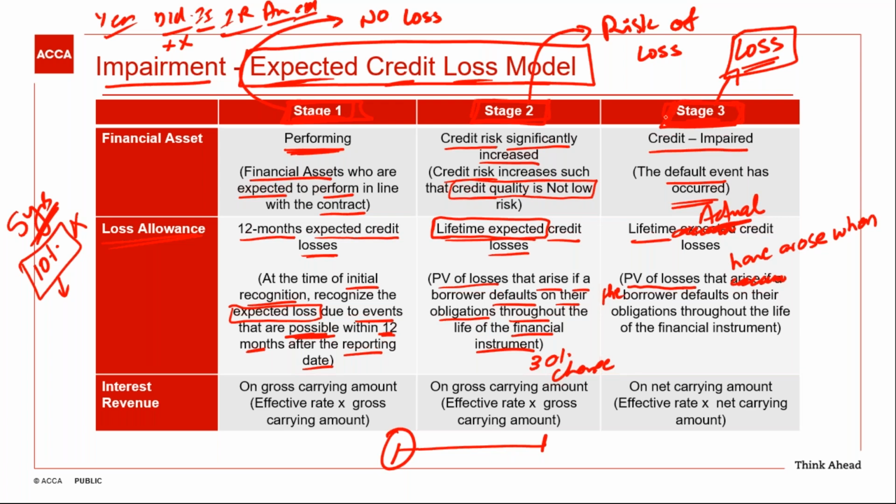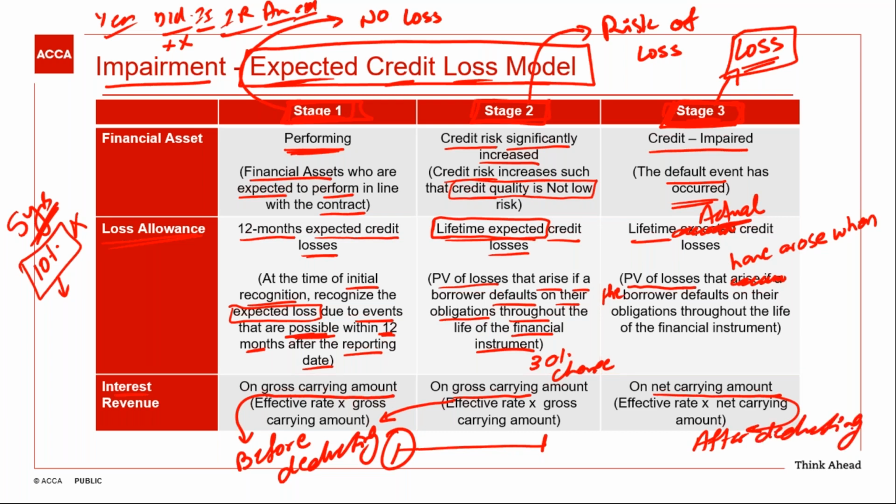In stage 1 and 2, we calculate the interest on the gross carrying amount, which means before deducting the loss allowance. So in stage 1 and 2, we use gross carrying amount, which means before deducting, but in stage 3, we use net carrying amount, which means after deducting the loss allowance.